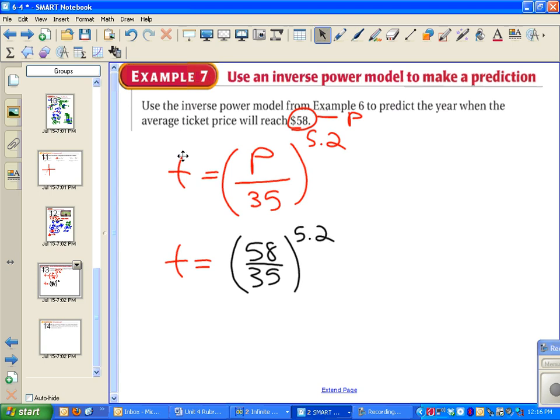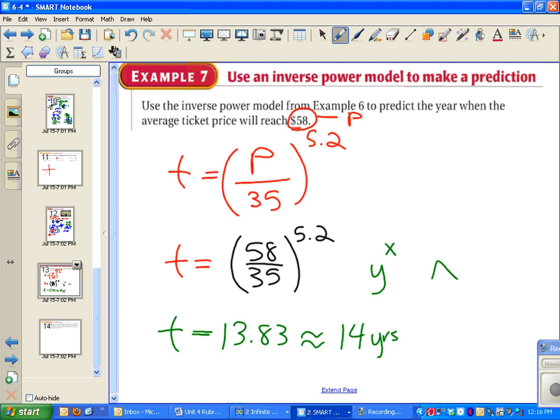So do 58 divided by 35, and then you usually have a y to the x button, or you can have this button. When you raise it to the 5.2 power, you'll get about 13.83, which is approximately 14 years. Okay, so it's not in 14 years, but 14 years after 1995.